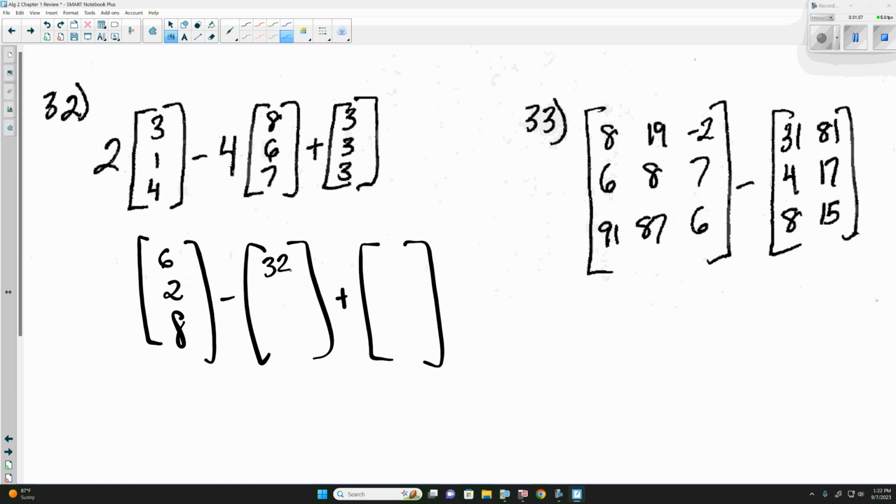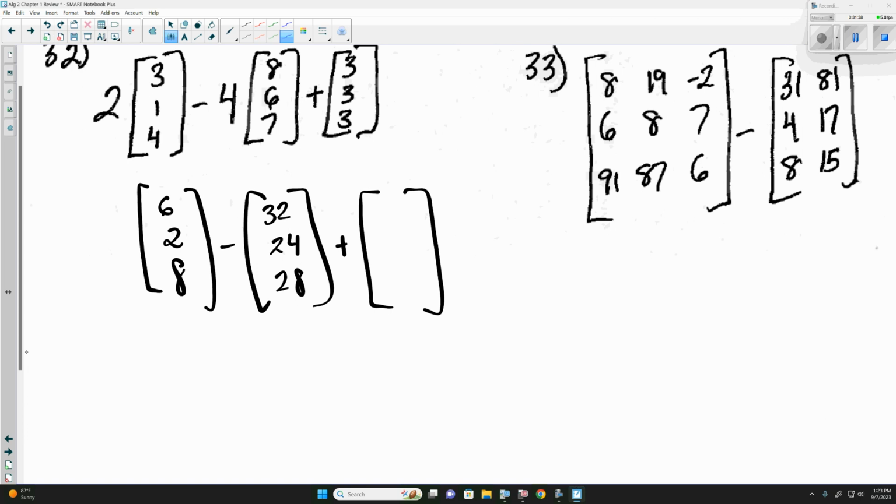So 4 times 6, well, 6 times 2 is 12. 12 times 2 is. 4 times 7. Yes, you could bring the negative, you can multiply each one of them by -4, but if you do that, you have to add them instead. Just leave the negative out and then subtract what you get.